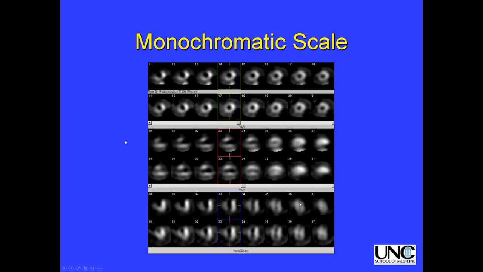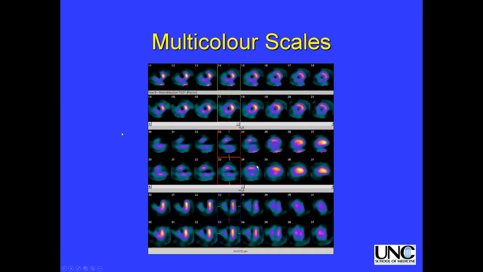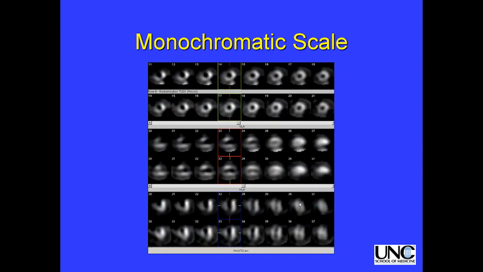As you become comfortable with the two scales, you will be able to better find them, but it may be a good idea to keep both of them in mind, especially if you're not a high volume reader. Just flipping between these two scales, you can see how your perception of what you're seeing could potentially change.